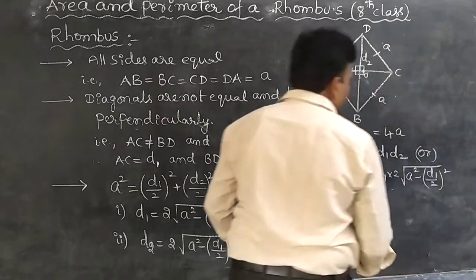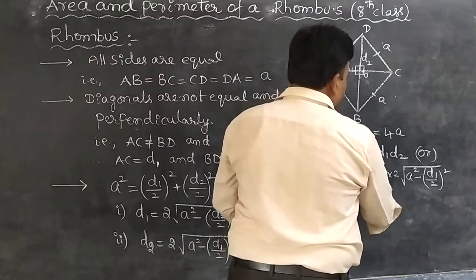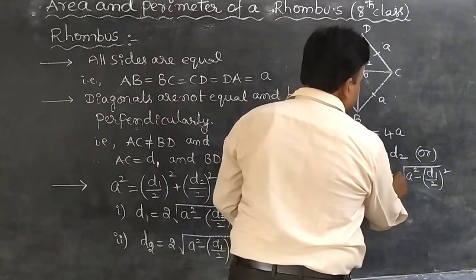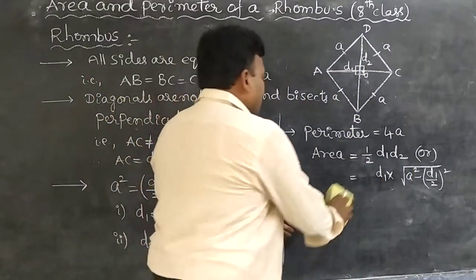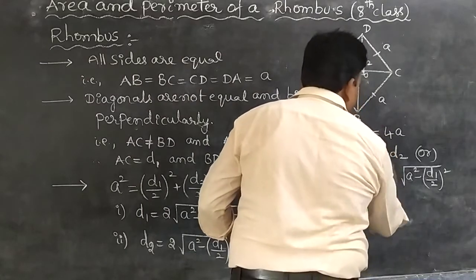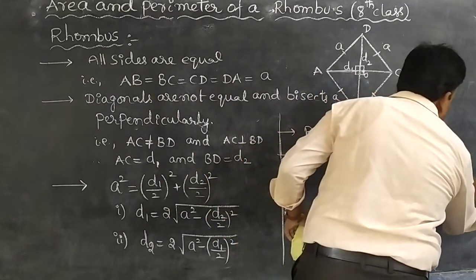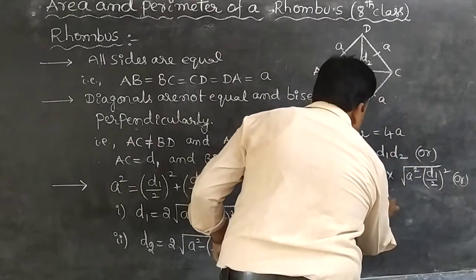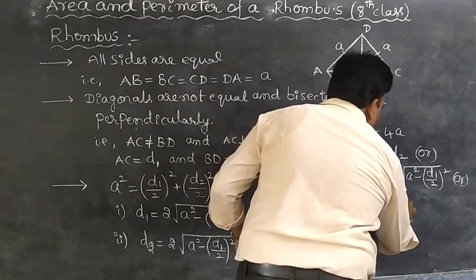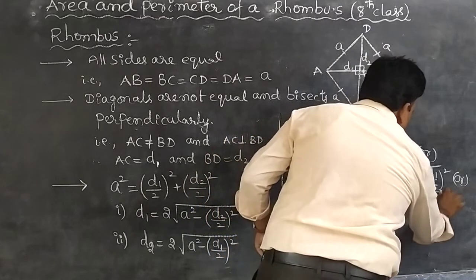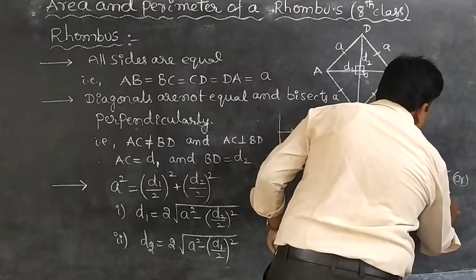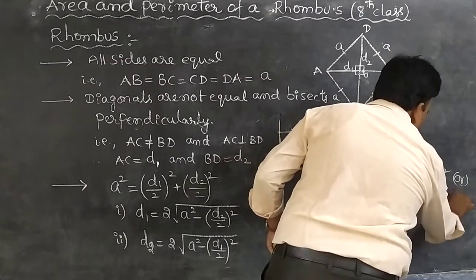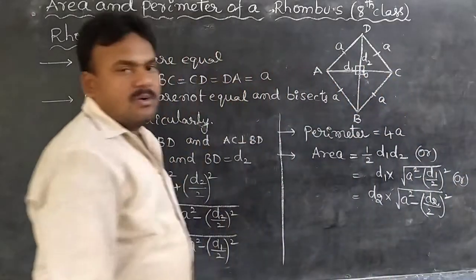The 2 gets cancelled, or you can write directly D1 into square root of A square minus (D1 by 2) whole square. Same procedure here also. So that implies D2 into square root of A square minus (D2 by 2) whole square.